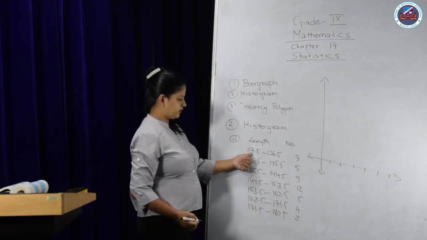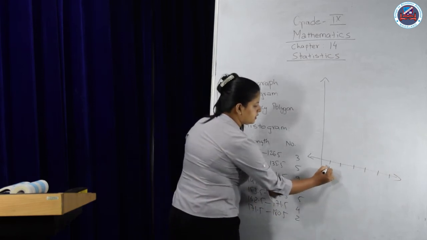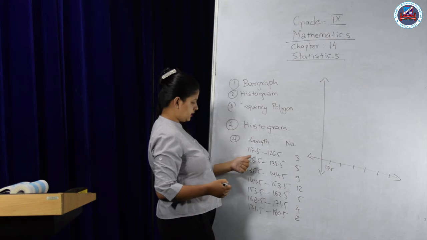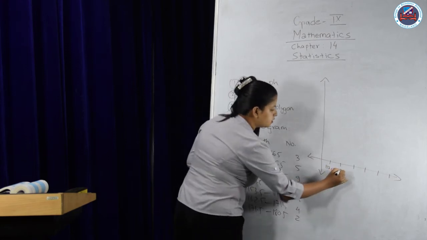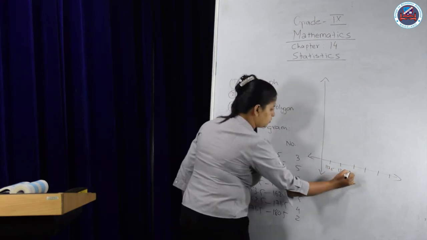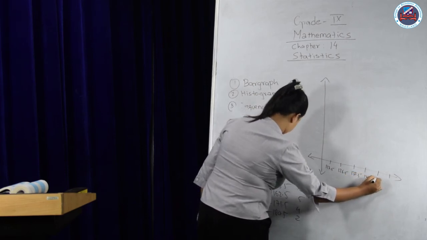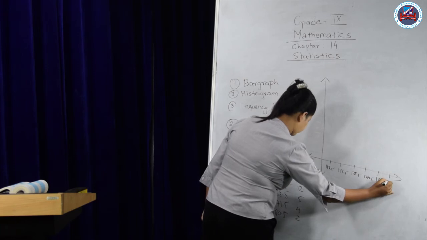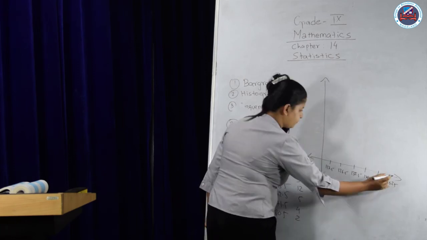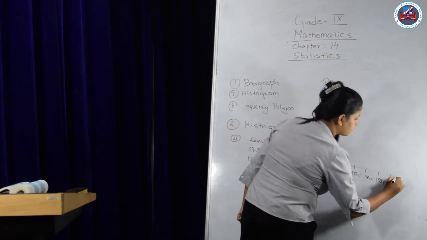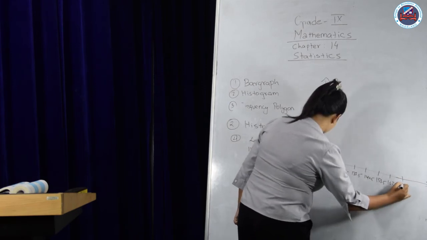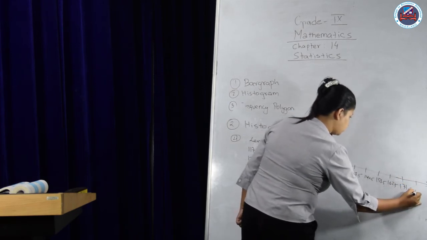So starting from 117.5, the first one. Next would be 126, next would be 135, 144, 153, 162, 171, 180.